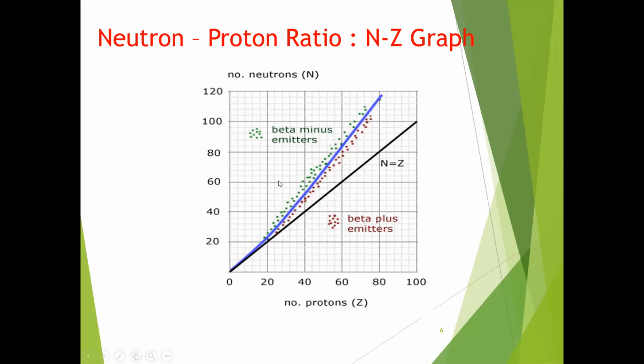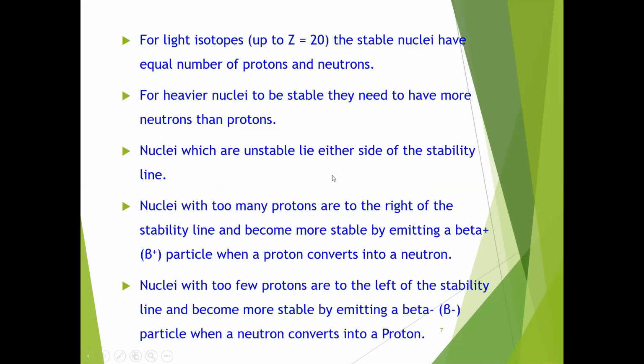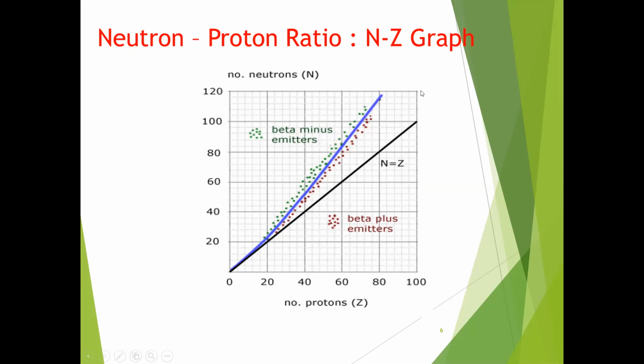Beta minus emitters means electron emitters, and beta plus emitters are positron emitters. One more region is above that, not shown in the graph, that is alpha particle emitters, on the top of the curve. The alpha particle will also be emitted. To get stability, we can have such emission.